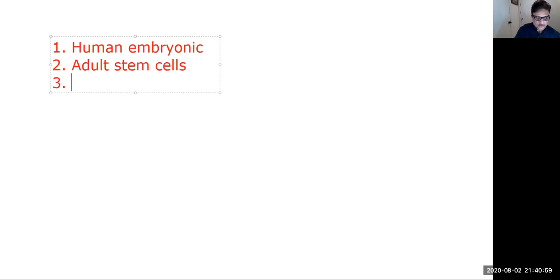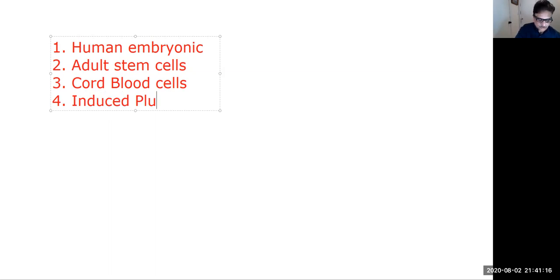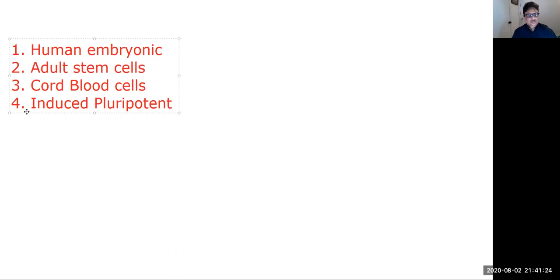Then there are, let's say, cord blood cells. And most of the recent research is focusing on a special cell called induced pluripotent cells. I have seen a couple of students presenting on stem cells, so I hope it will make more sense to them.